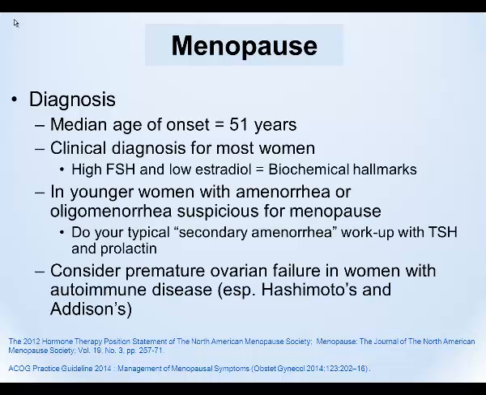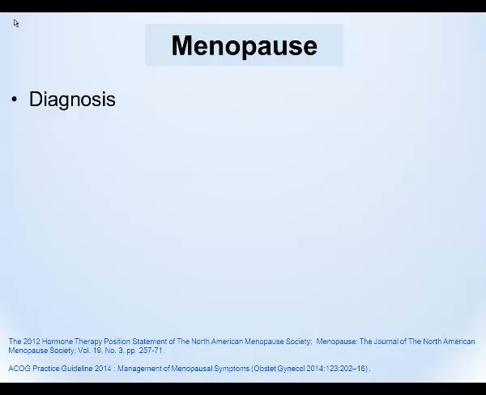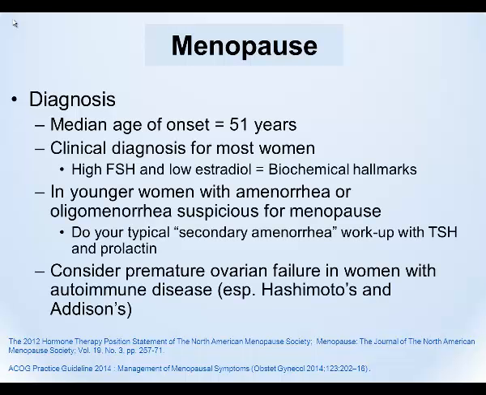So if there was no clinical history, or let's say somebody goes into menopause at age 42, what biochemical test would confirm it? Is it high or low? All right, good. That's all there is to it. So high FSH with a low estradiol is sort of the hallmark of it biochemically.